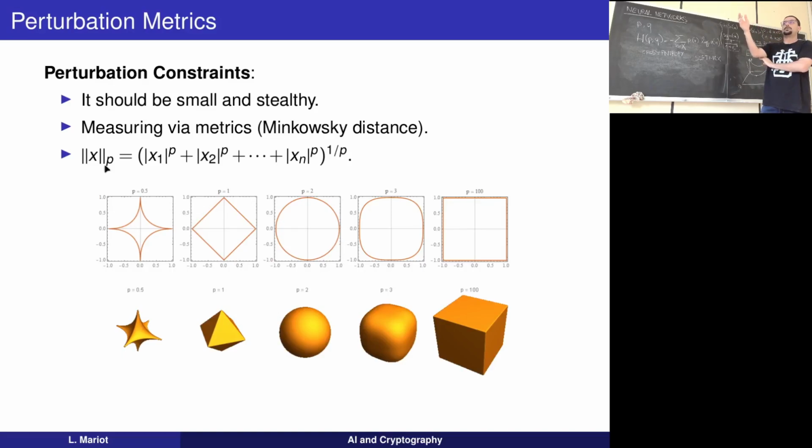The norm of a single vector inside this space is given by the sum of all the components of the vector in their absolute value, exponentiated by exponent p, and then you take the pth root of this sum.